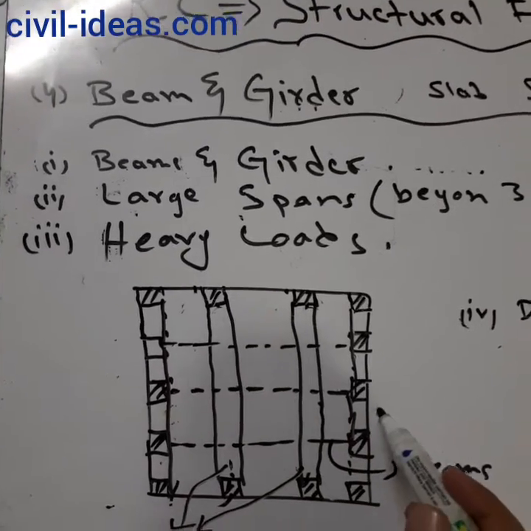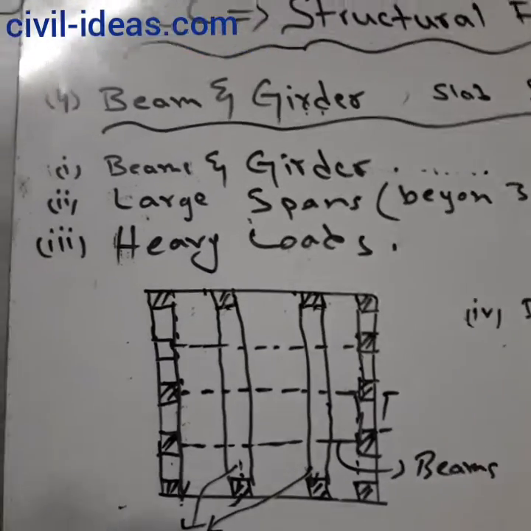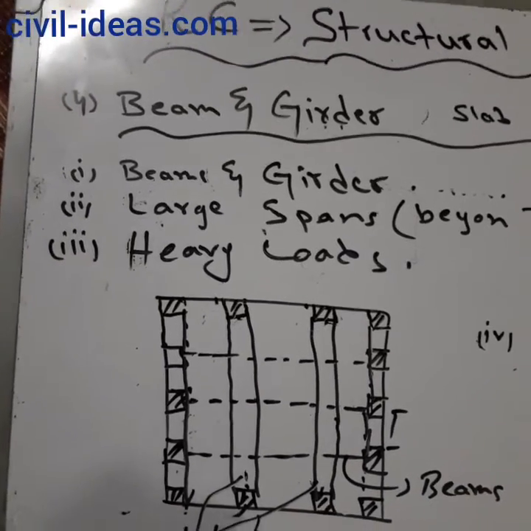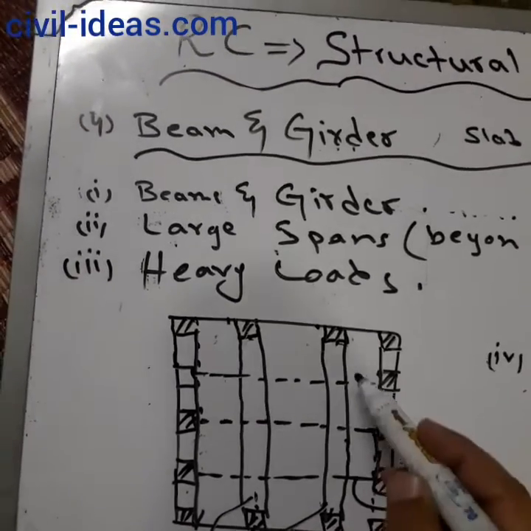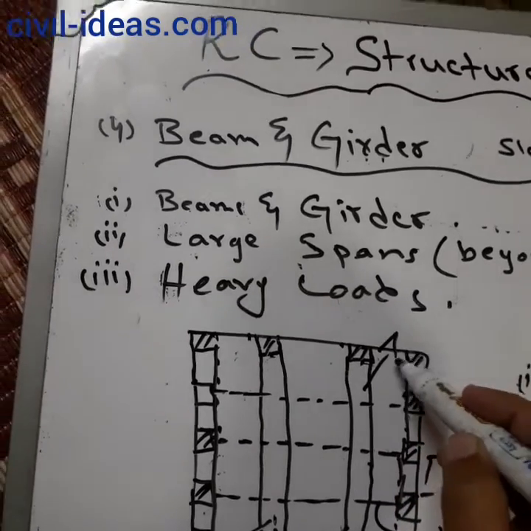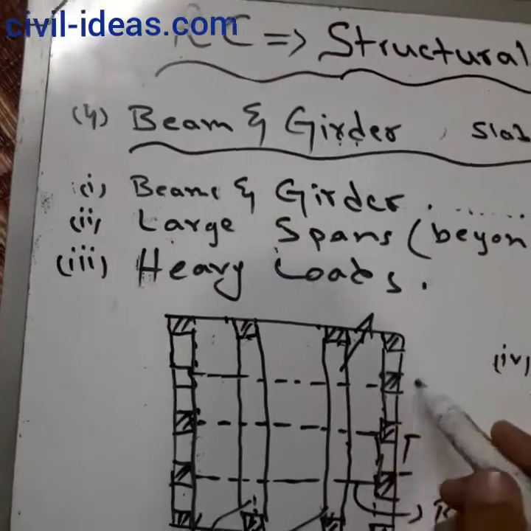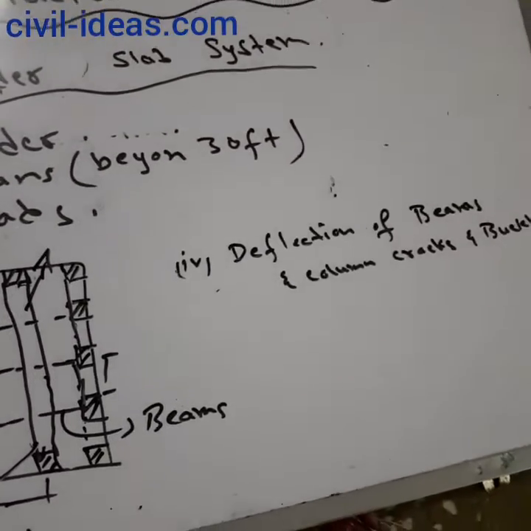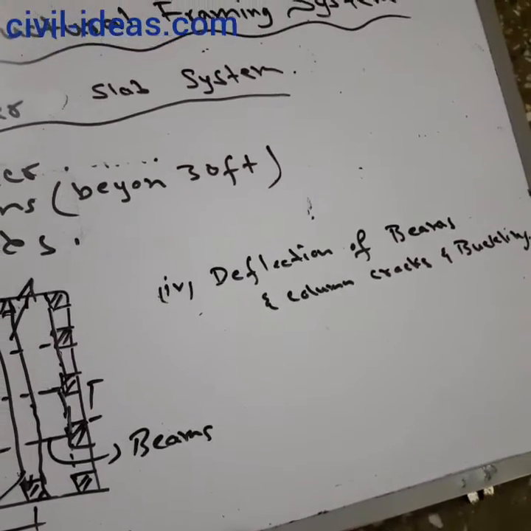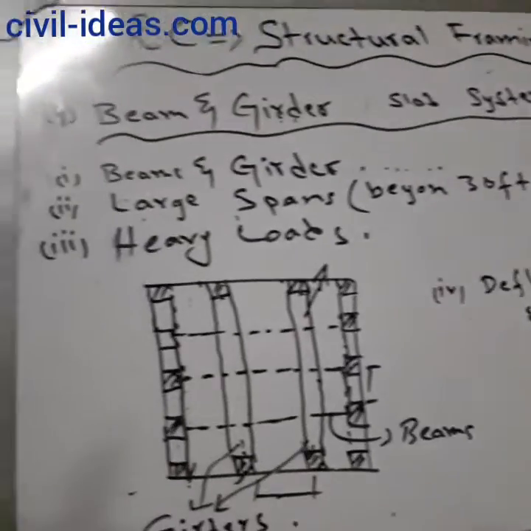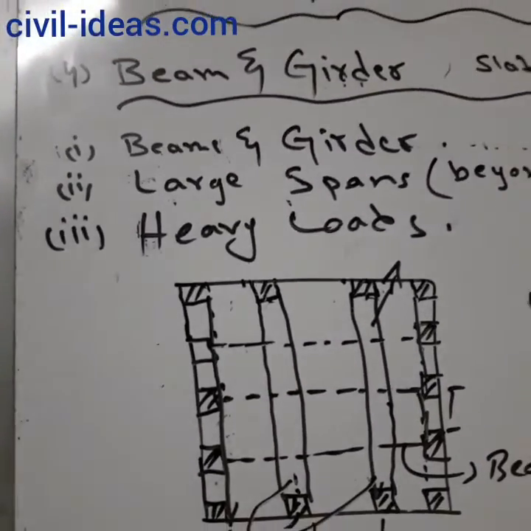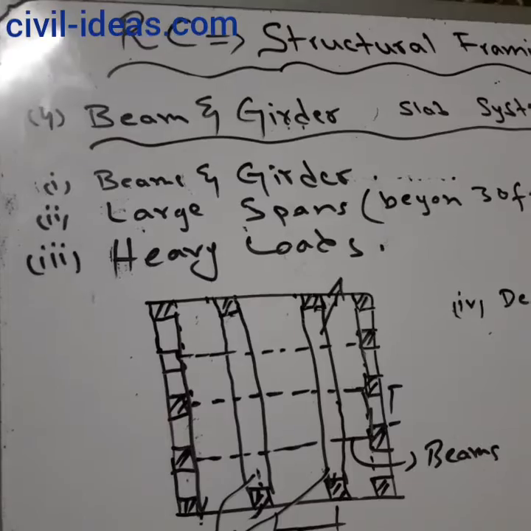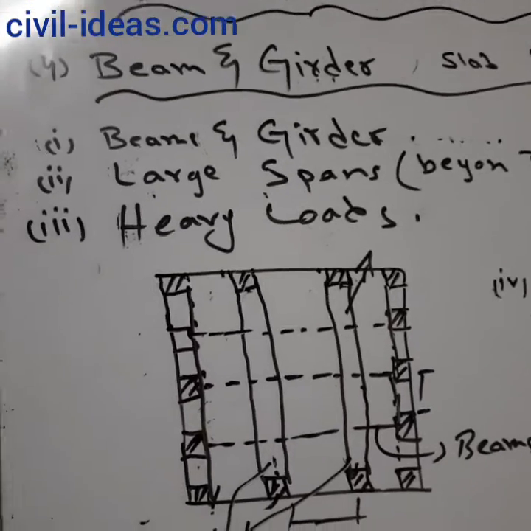The beams are closely spaced here, and the girders are provided at large spans and are deeper than the beams. The normal failure criteria are deflection of beams, column cracks, buckling, etc. This type of system is designed for heavy loads.